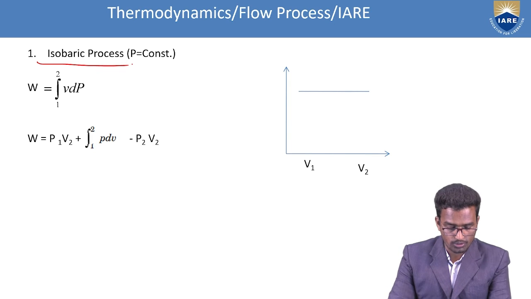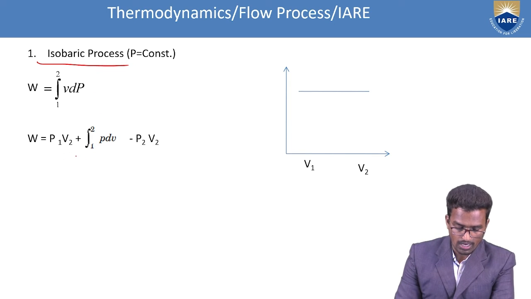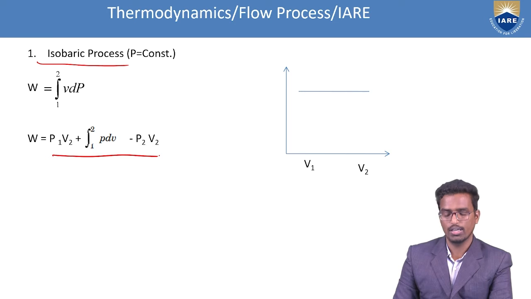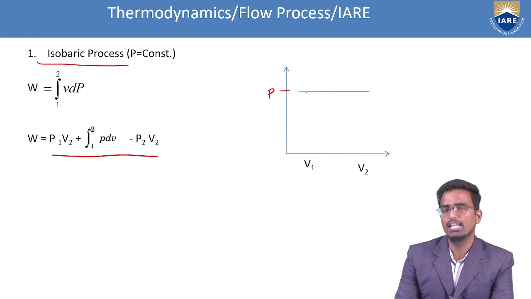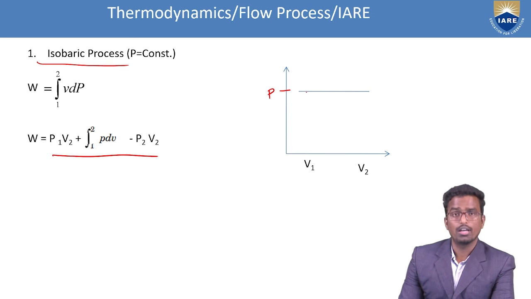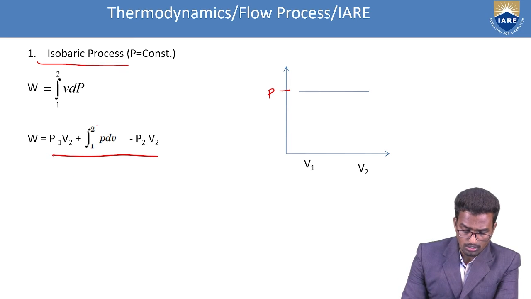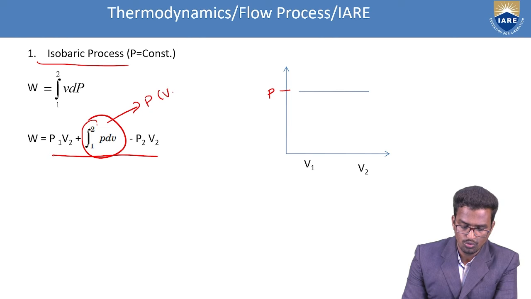In an isobaric process, I have this equation, nothing but a constant pressure condition. What is the area to the left that I have to find? Constant pressure means, from the previous equation, the value of this one is P into V2 minus V1.